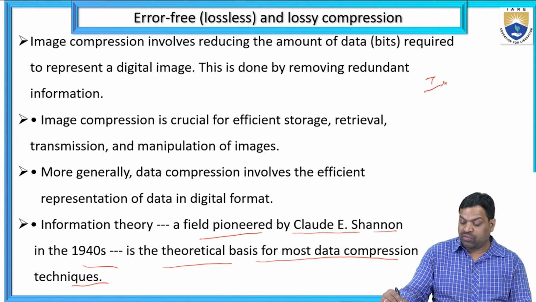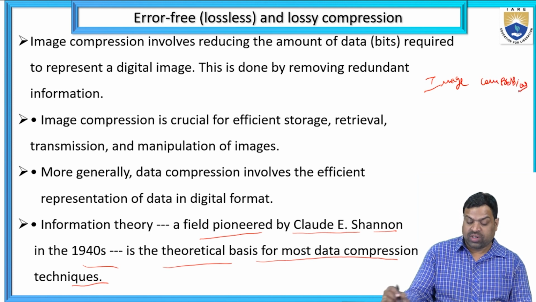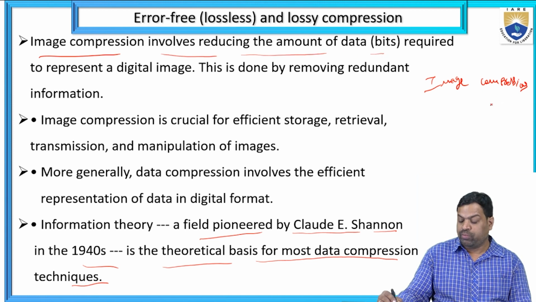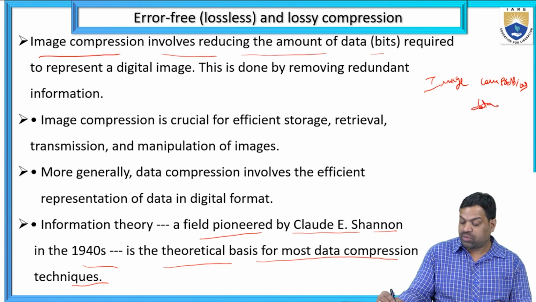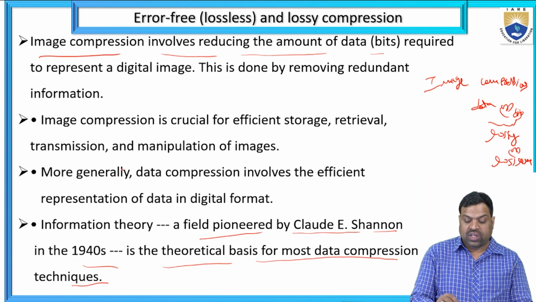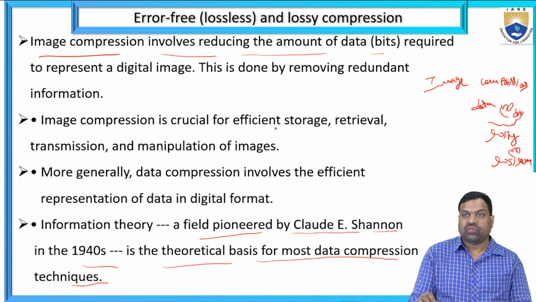So, when we are going for lossy and lossless, these are the image compressions. These image compressions involve reducing the amount of data or bits, whether lossy or lossless. Image compression is crucial for efficient storage, retrieval, transmission, and manipulation of images.